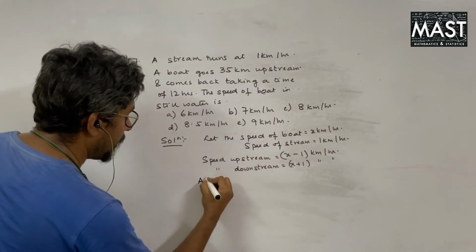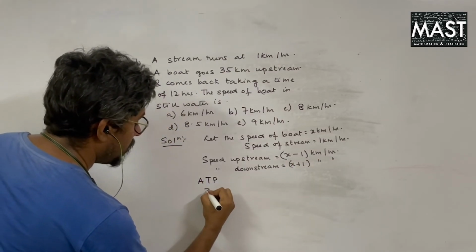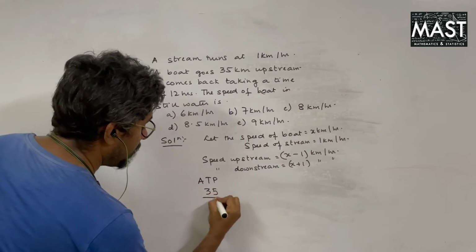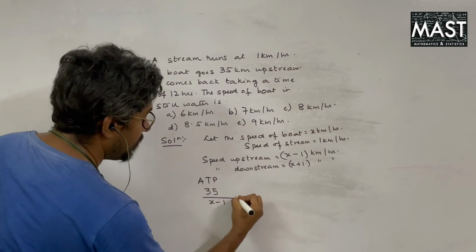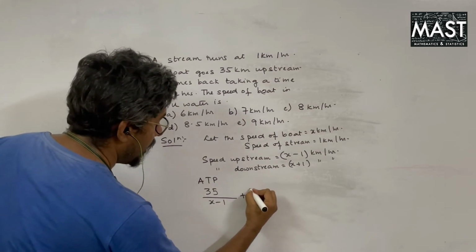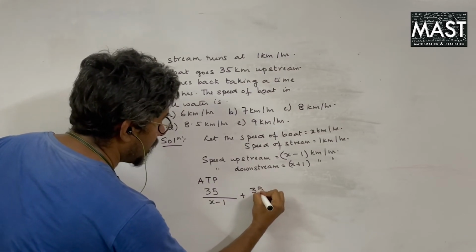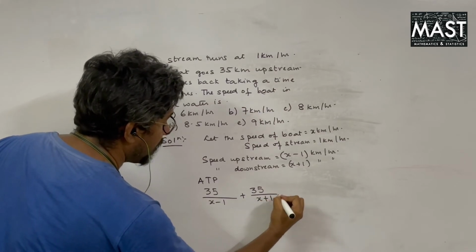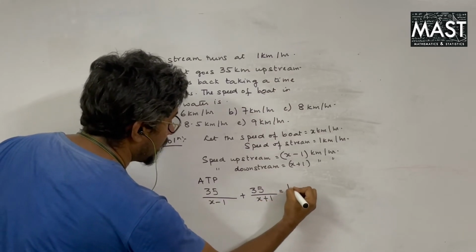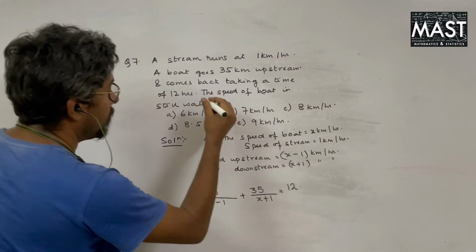Now, according to the question, the boat goes 35 kilometer upstream. So the time it will take is 35 by x minus 1, and it comes 35 kilometer downstream as well. So that is 35 by x plus 1, and the total time it takes is 12 hours.